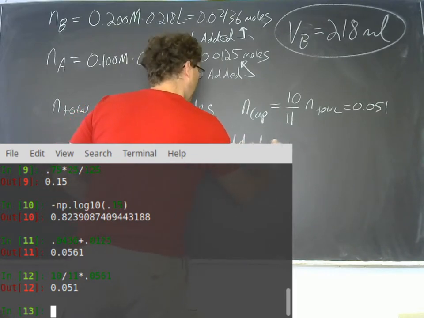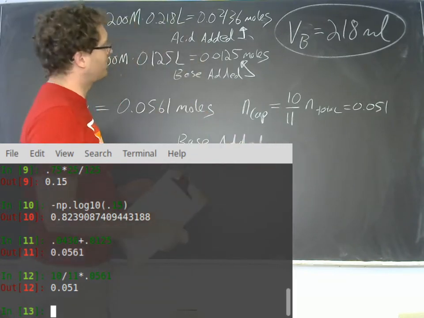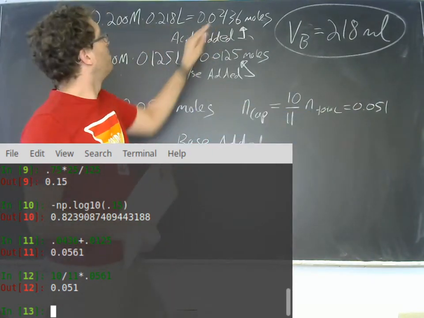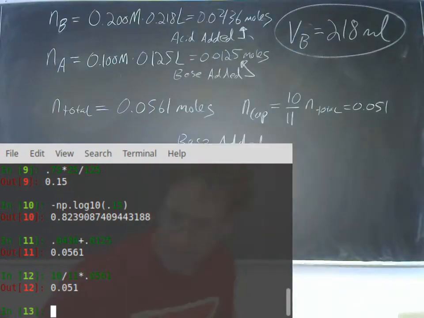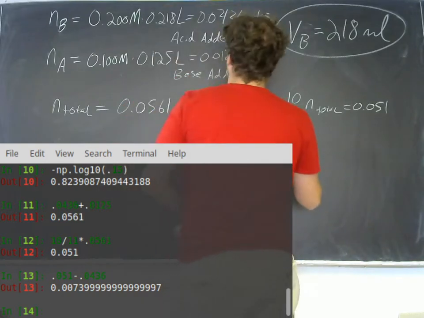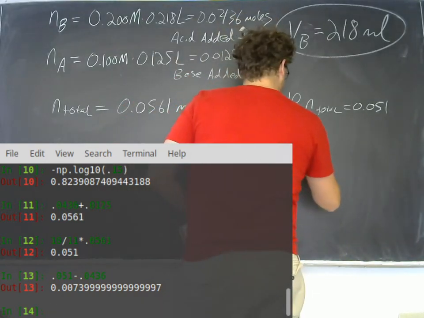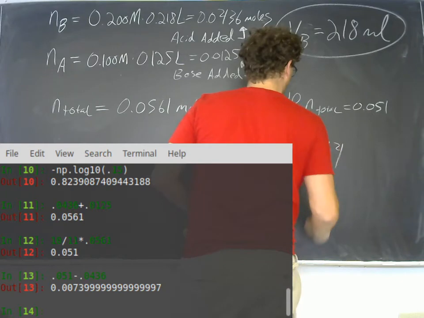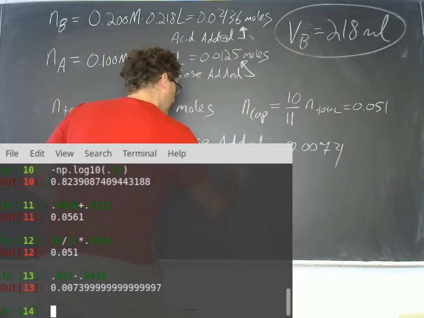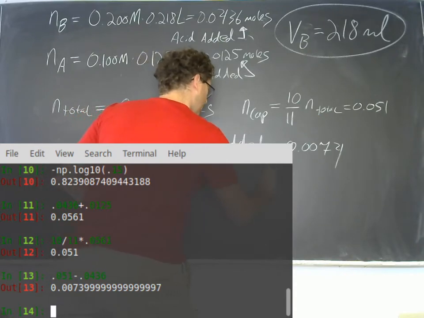That's going to be 0.051 minus 0.0436, which is really just 0.0074. And how much acid could I add?